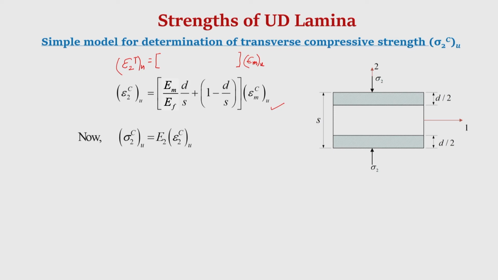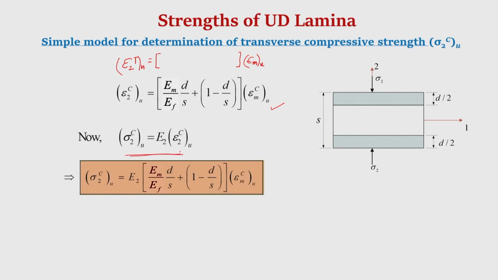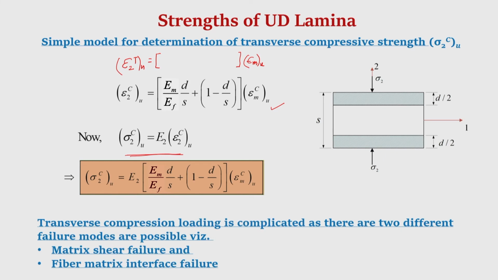And we can get the transverse compressive strength following Hooke's law, multiplying this by E 2. Therefore, this is the expression for transverse compression, but actually this is a simple model.